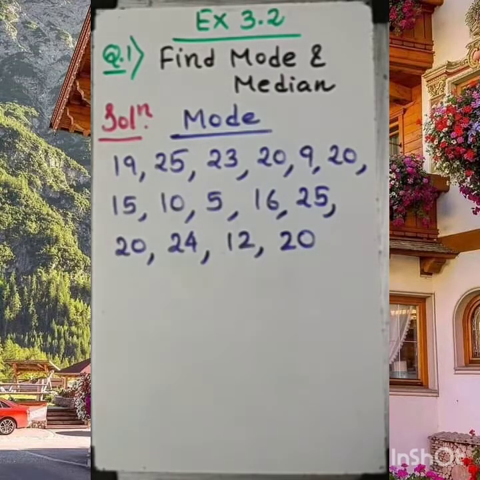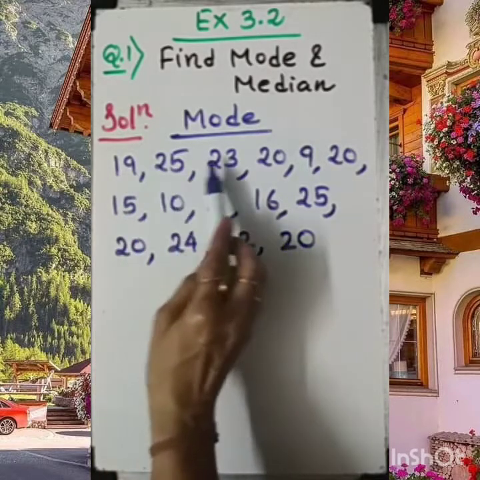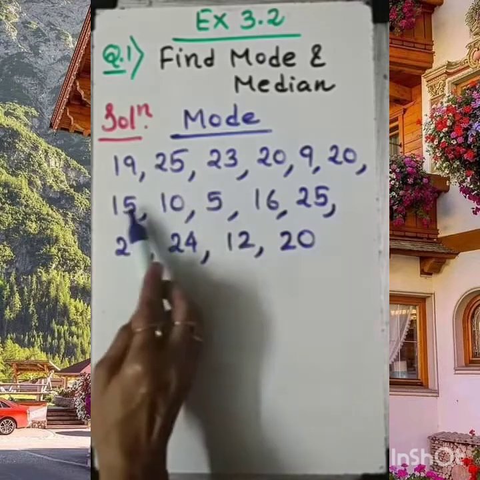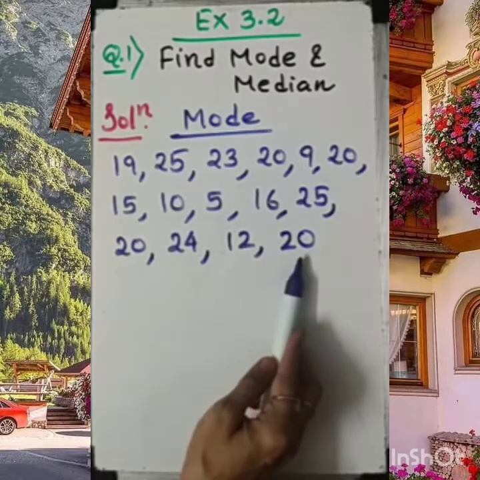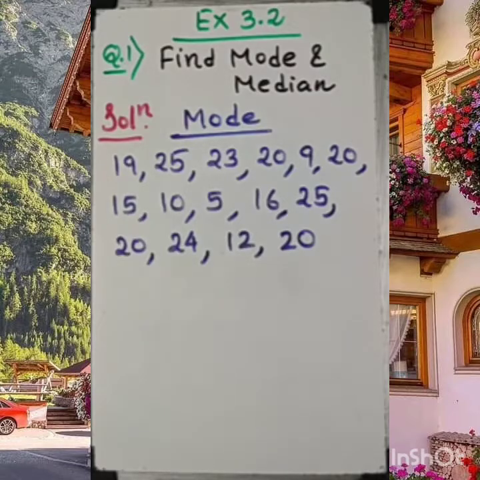These are the observations which we are given. Let's count: 1, 2, 3, 4, 5, 6, 7, 8, 9, 10, 11, 12, 13, 14 and 15 observations are there. Now we are working upon mode here.